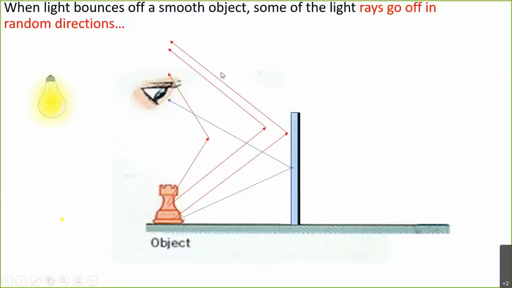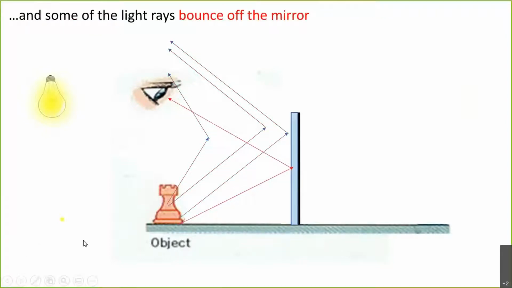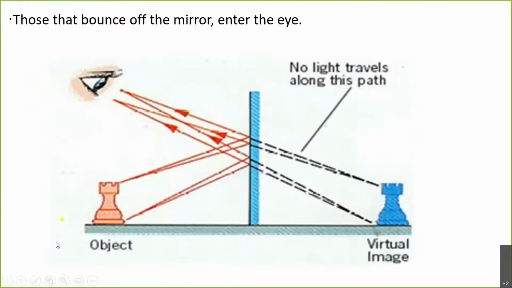So when light bounces off a smooth object, some of the light rays go off in random directions. As you can see, they're not all reaching the eye, but those that do reach the eye are the ones that would have bounced off of the mirror and we're able to receive them into our eyes.